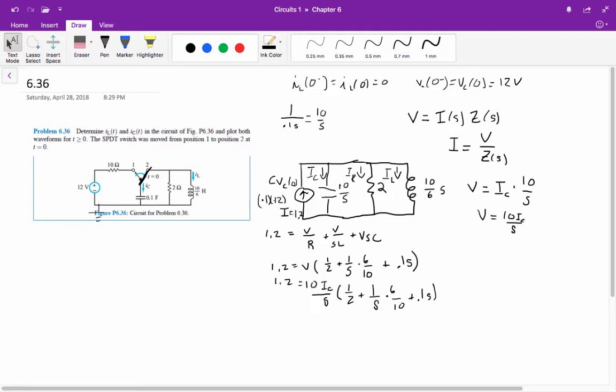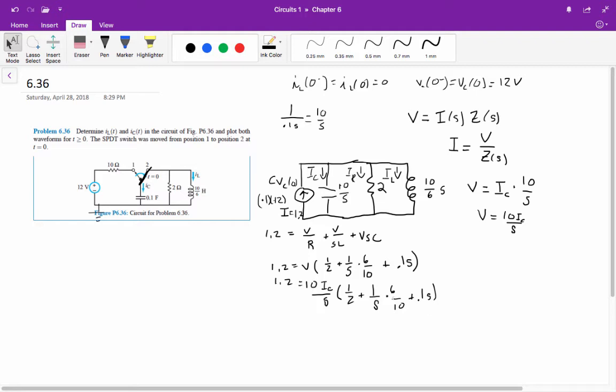Now we're going to want to get all S's out of the denominator, and we're going to want to have our quadratic term having a 1 in front of it. If we multiply this 10 through here, and we're later going to have a quadratic term, then that will get us what we need.